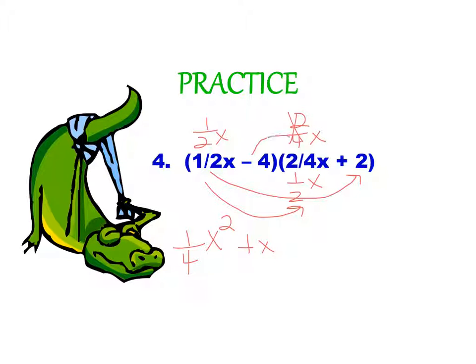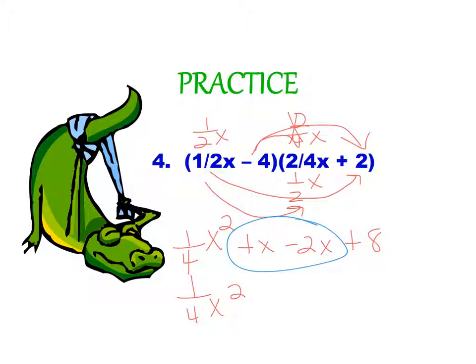And negative 4 times 1/2 is negative 2x, and negative 4 times 2 is 8, and then we have like terms that we combine. Bring down our 1/4 x squared. They both have an x, and it is 1 minus 2, so it is negative 1x plus 8.